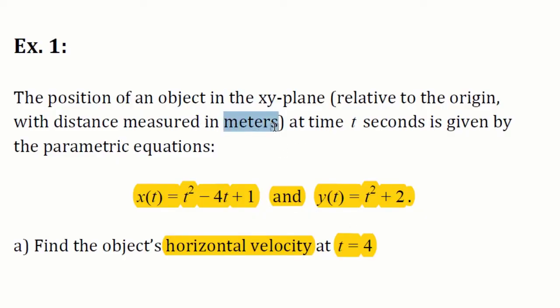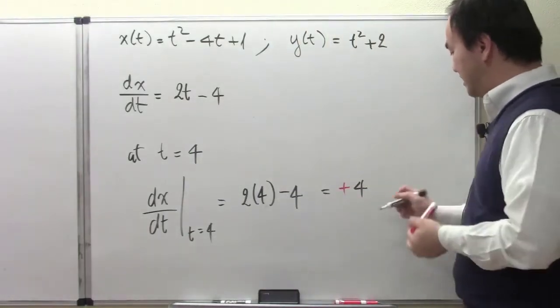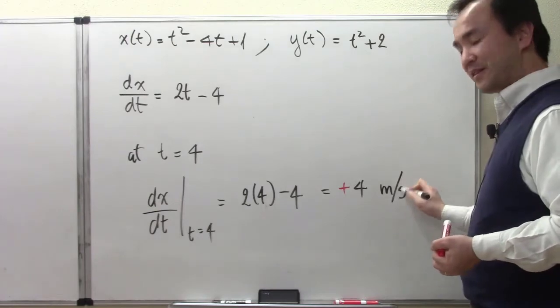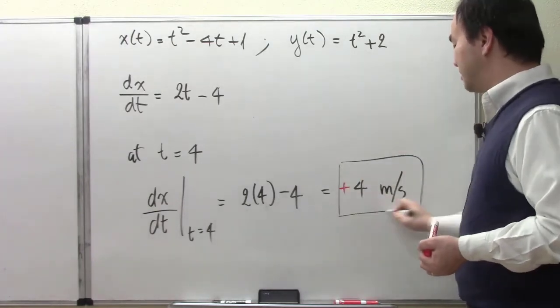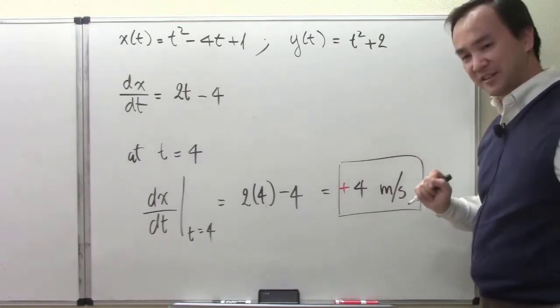Now the problem told us to work with distance in meters and time in seconds, so our particle is moving 4 meters per second. Positive means it's heading to the right-hand side at that instant.